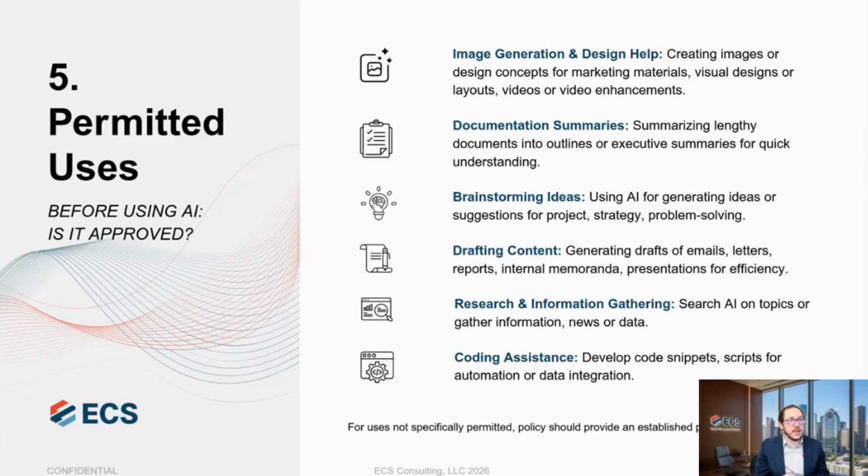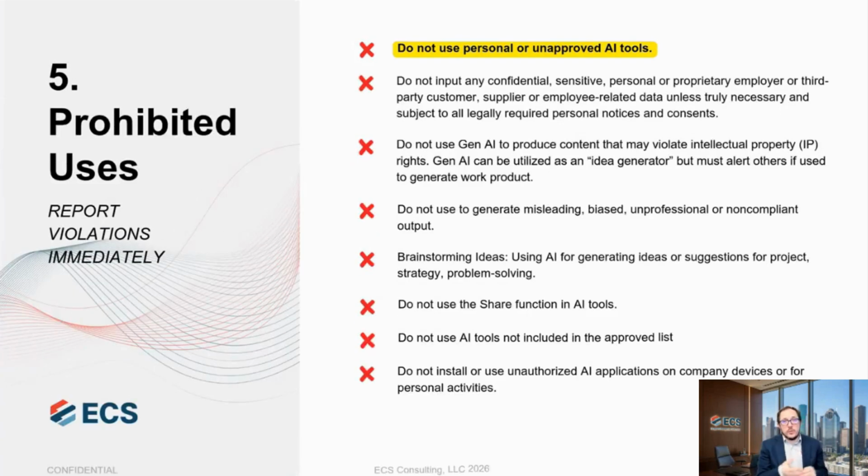You may want to say that your marketing team can use AI to generate pictures and everything, and that's permitted. But for your legal team or HR team, you cannot share any personal information. You cannot share any PII. You can only work with AI that is company provisioned and secured before you're able to put any confidential information into it.